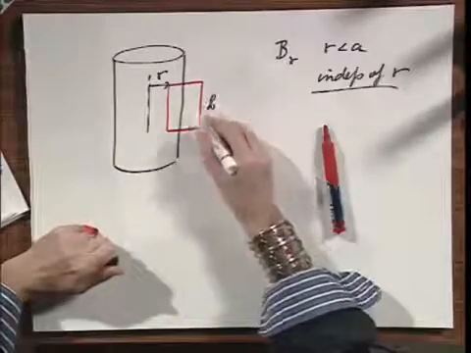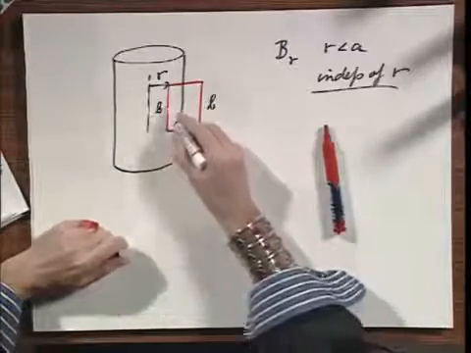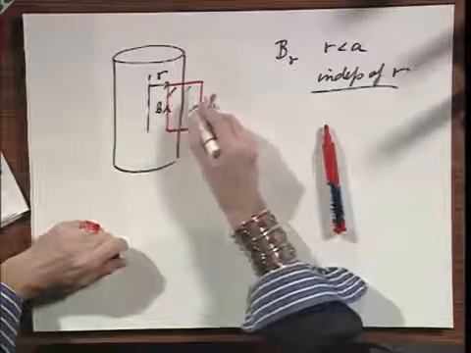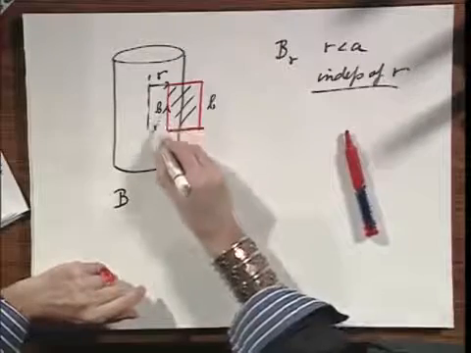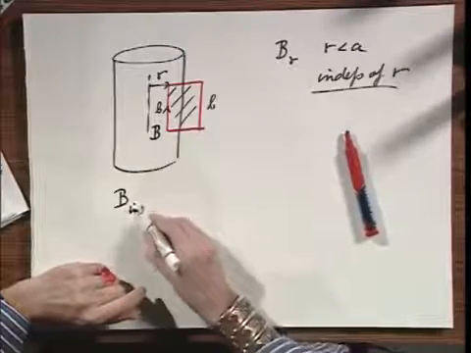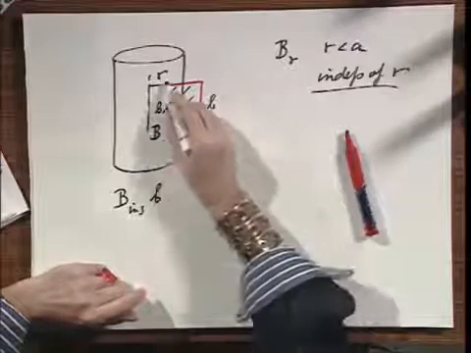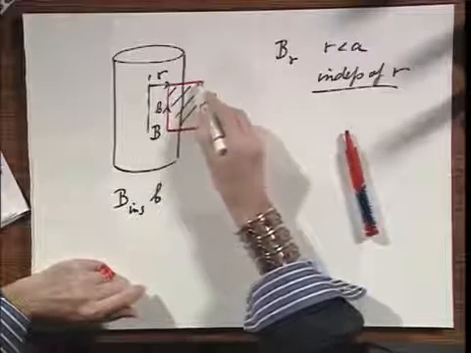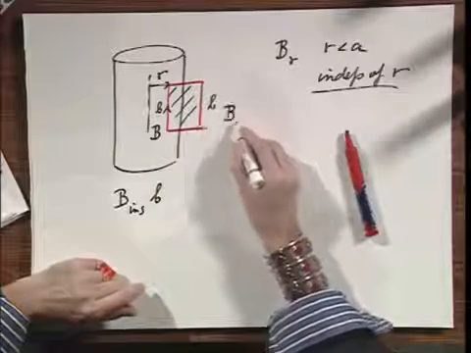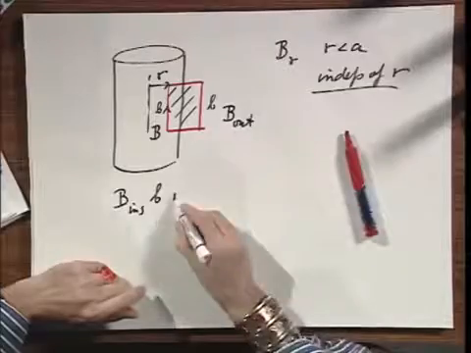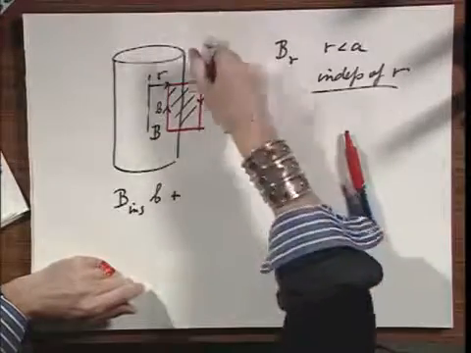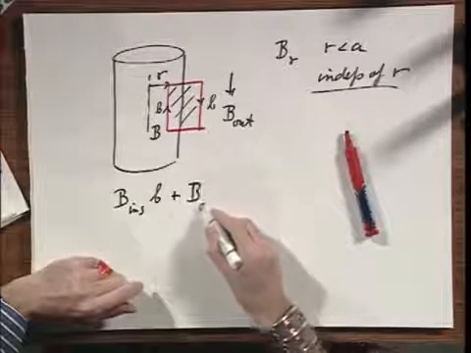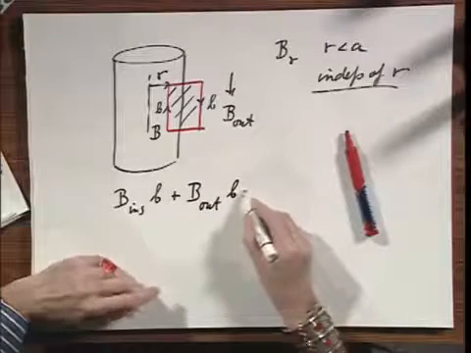This is b, and this is b. I'm going around like this. This is my surface. And so I'm going to get that B inside, I call this magnetic field here inside, times b. This part is 0 because the dot product is 0. Here I have a B outside. But since B outside and my dl are in the same direction, I get B outside times little b.